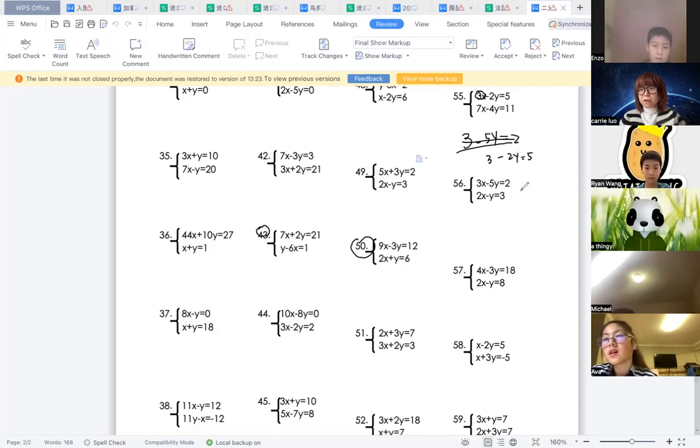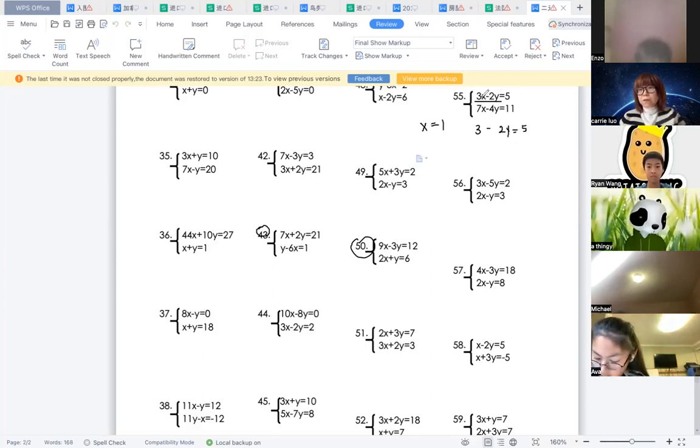Ava, we're back to this one. I'm sorry. 55, x equals 1, right? So the first one, 3 minus 2y equals 5, correct? x equals 1, so 3 times 1 equals what? 3 times 1 equals 3. 3 minus 2y equals what? So 3 minus 2y equals 5, right?